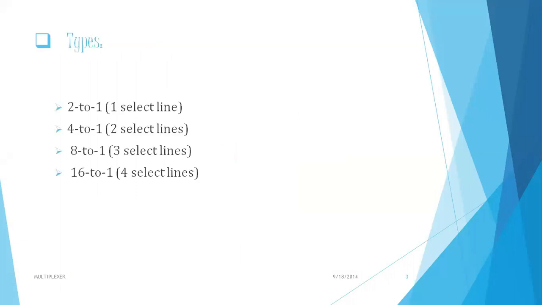So what are the types of multiplexers? There are a number of types: 2 to 1 multiplexer, 4 to 1 multiplexer, 8 to 1 multiplexer, 16 to 1 multiplexer. We pass a number of inputs and finally we get only one output.